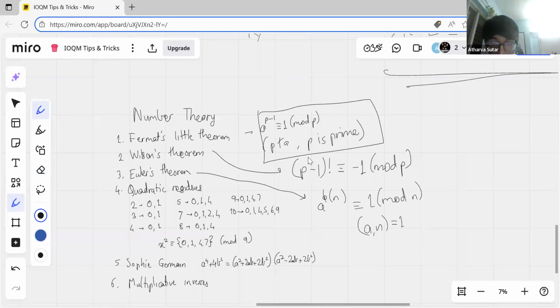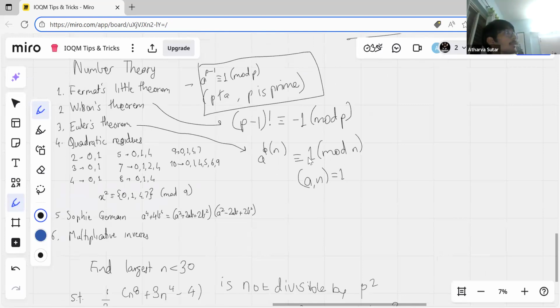For those of you who don't know what the phi function is, basically, if n can be written in the form p1 to the alpha 1, p2 to the alpha 2, and so on, this is a prime factorization.